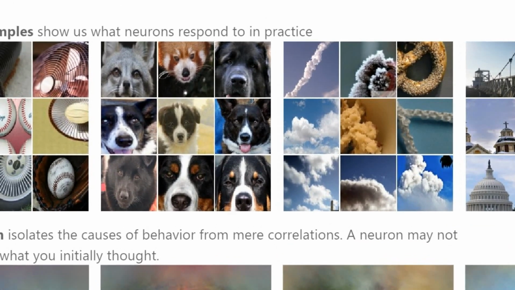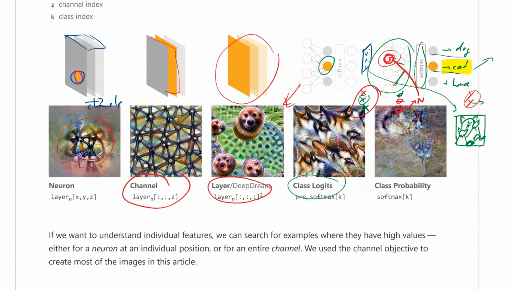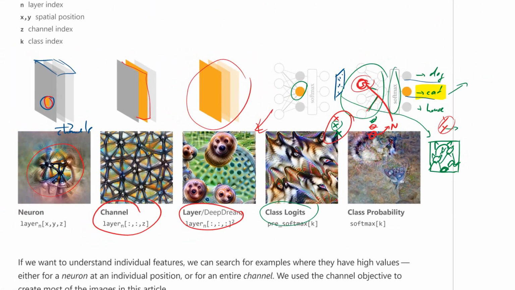And with dataset examples, you don't do the optimization procedure, but you go into your data set and you find the images, the x_i from your data set, that activate a particular neuron the most. So you simply sort all the images in your database and you just pick the 10 or so that activate that particular neuron the most.